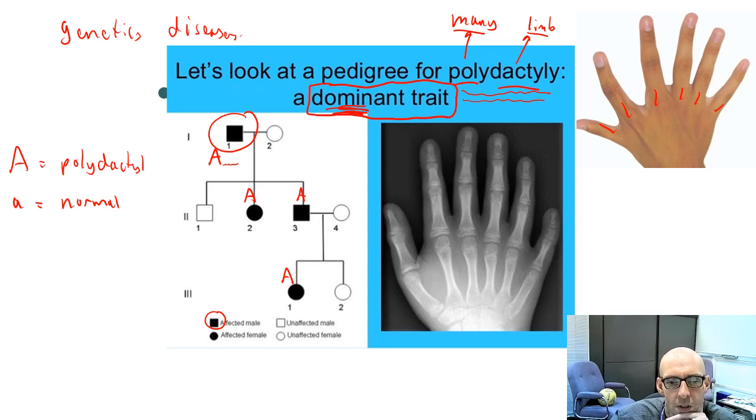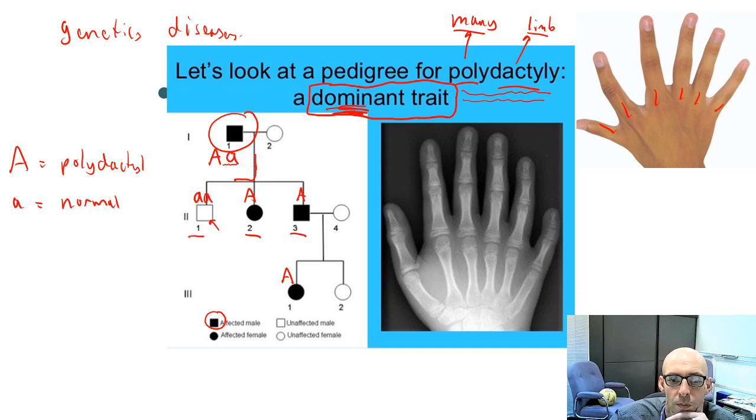Well, this shows the next generation, they had 3 children, child 1, child 2 and child 3. If all 3 children had been affected, then I'd know to put 2 dominant genes there. But because that one is white, I know that this one is a small a and a small a.